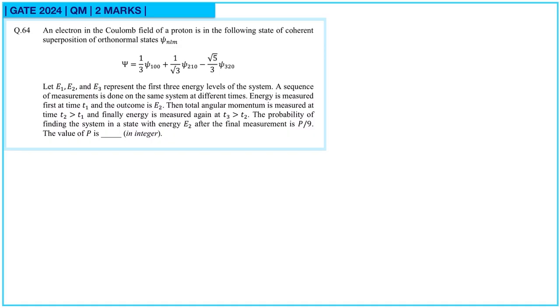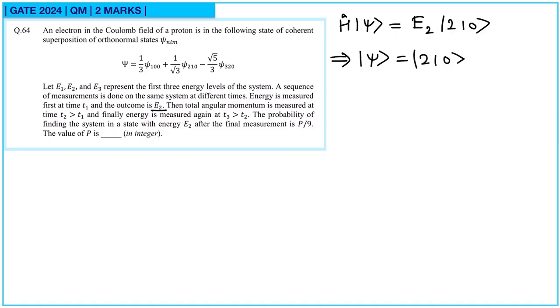Now here it is given that after the first measurement the outcome is E2. So H operated on psi is giving E2. So if it is giving E2, that means n will be 2, and where n is 2, here we have 210. So psi is equal to 210.